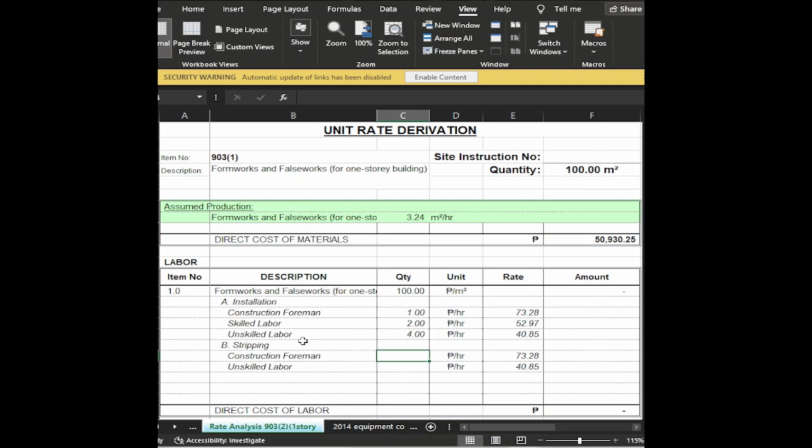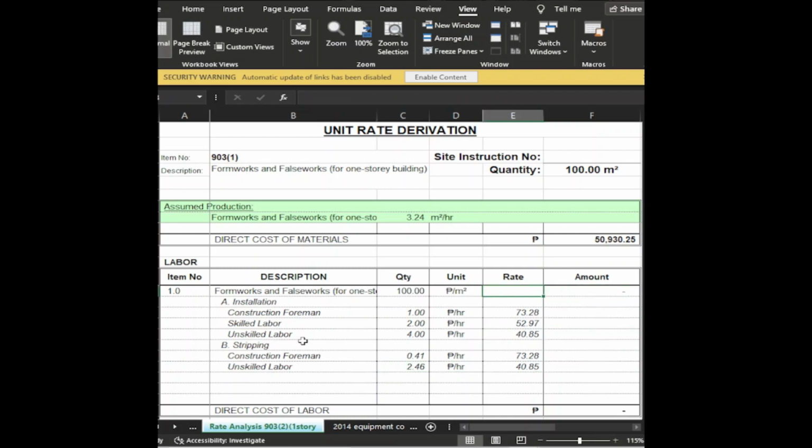And for our stripping, we only need 0.41 hour for our construction foreman, but for the unskilled labor we need 6 for this one. We do not need any more the skilled labor, because this is only for the removal, but we need only 0.41 hour for 6 people, 0.41. So we'll multiply this by 6, so it's 2.46.